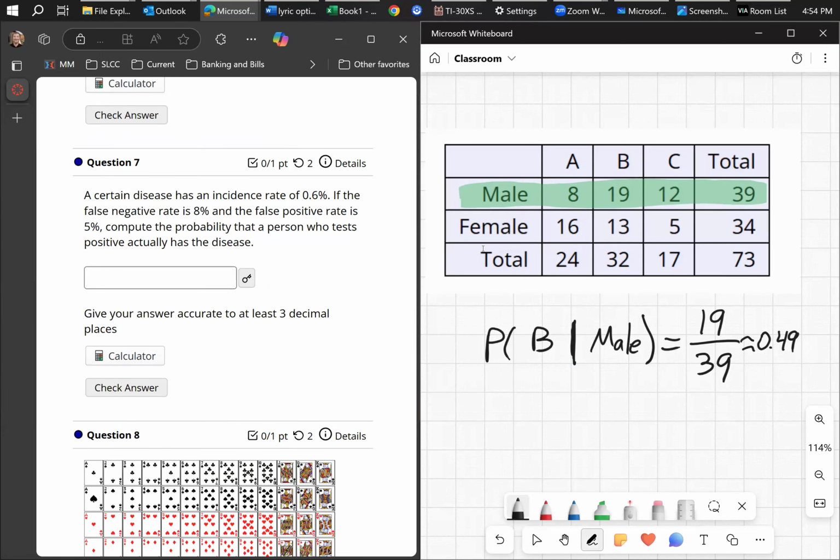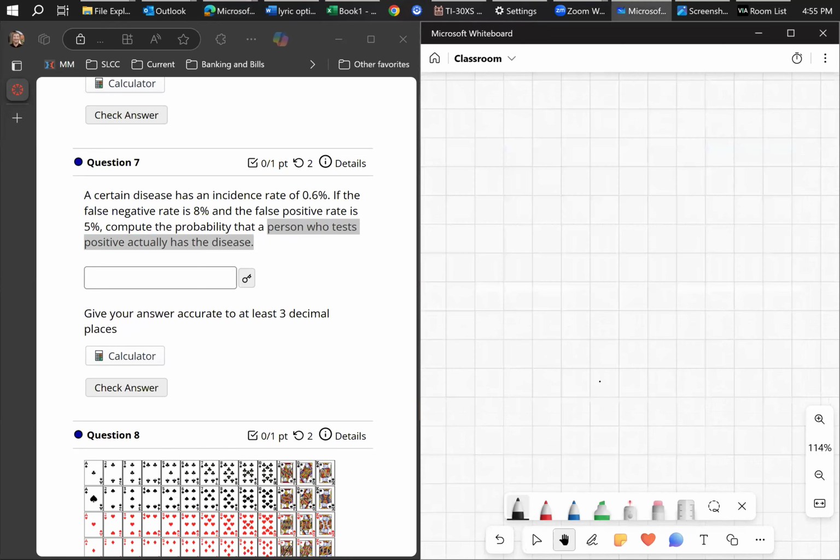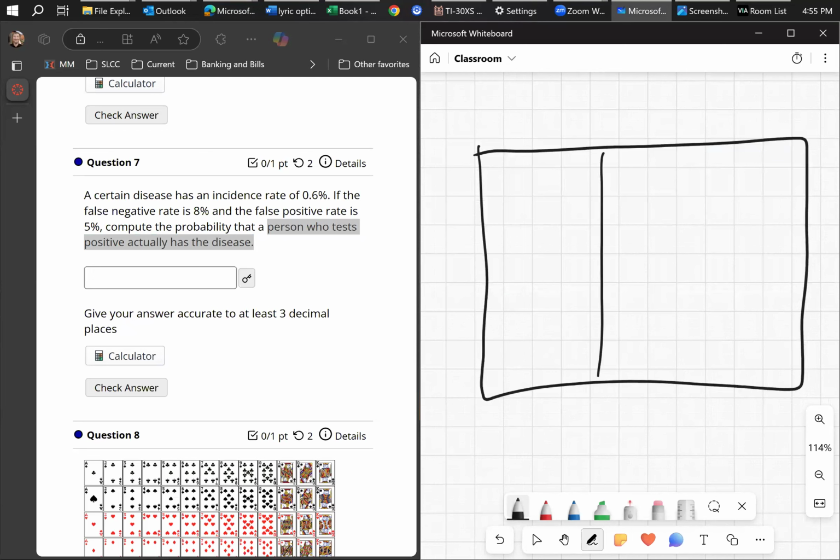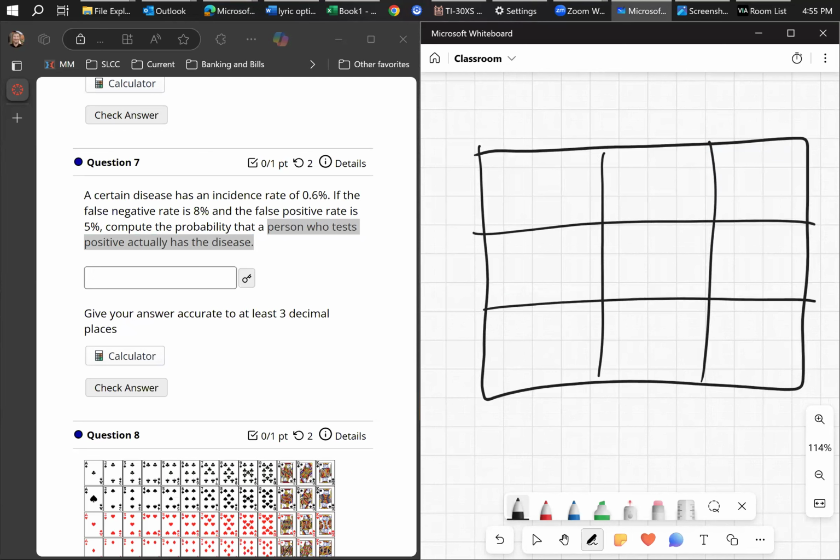Okay, now the conditional probabilities, like the probability the person who tests positive actually has the disease, are easily done with this two-way table. So I'm going to create a two-way table for question number 7 by simulating what happens with a virus on a town.